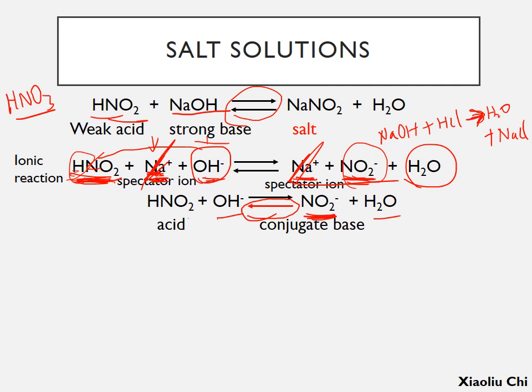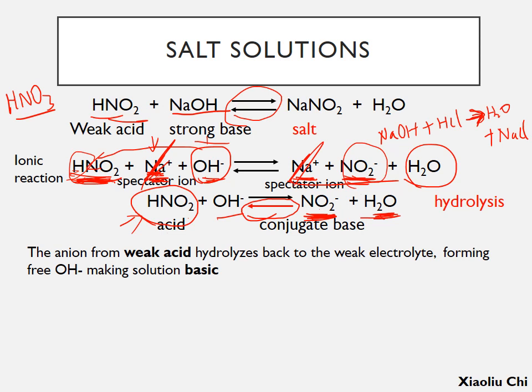So if you have this in the product, it can combine with water, forms this weak electrolyte, or weak acid, sorry. So nitrite ion plus water can go back to the original weak acid. And this back reaction is called hydrolysis.